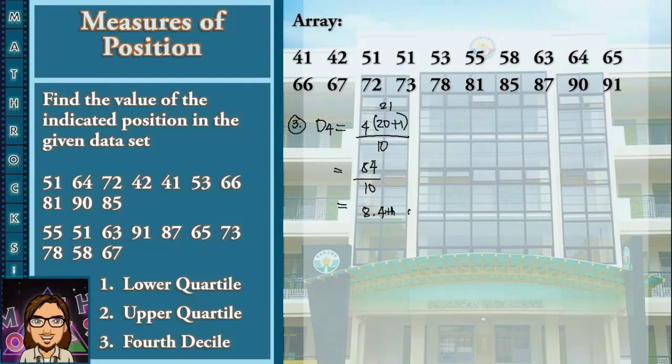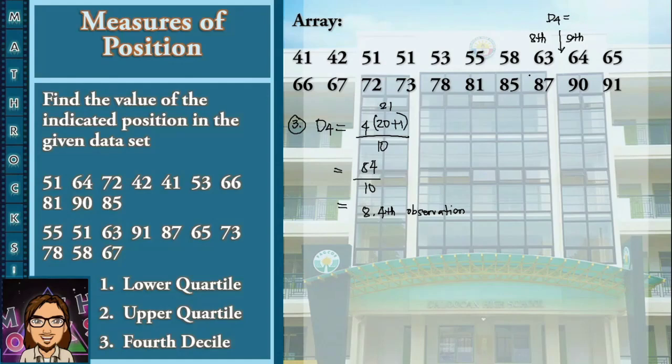Okay, so that means it is located somewhere between the 8th number and the 9th number. Let us take a look at those. So this is the 10th, this will obviously be the 9th number, and this will be the 8th number. Between these obviously lies the 4th decile, or the D4. So we have to look for the value.